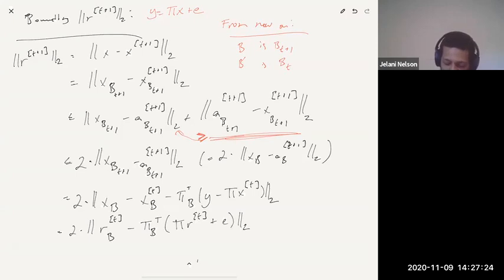And now, r_t is fully supported on B prime, right?